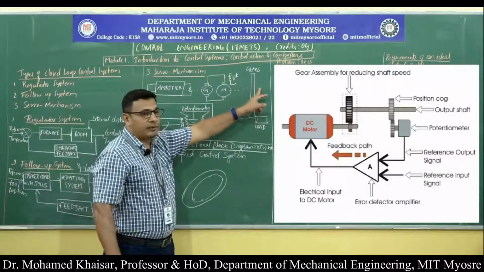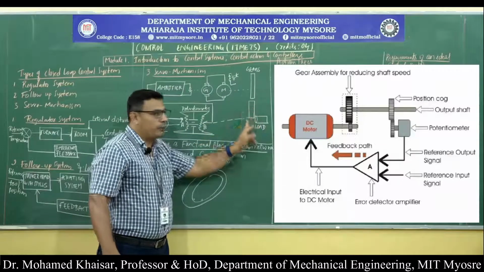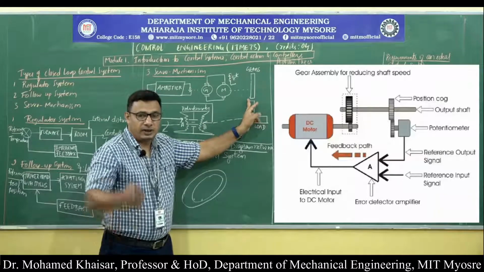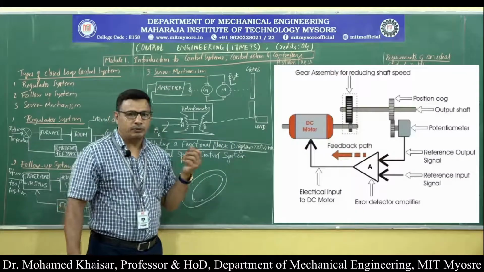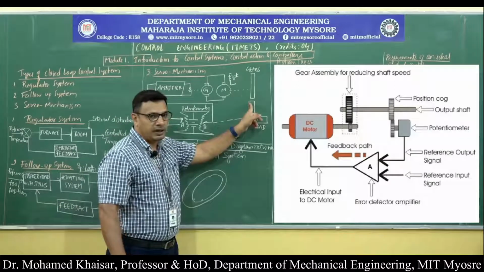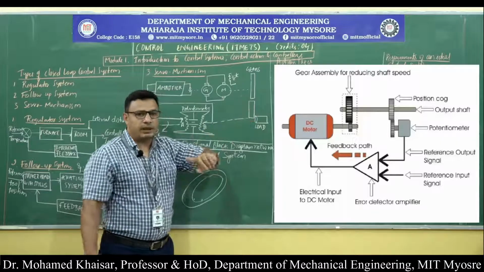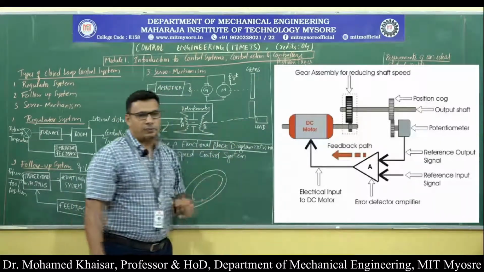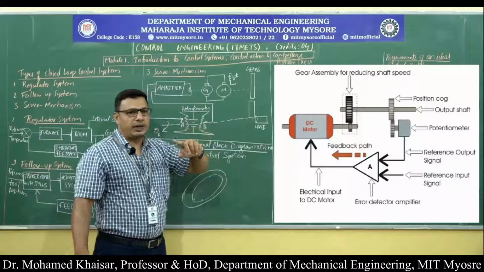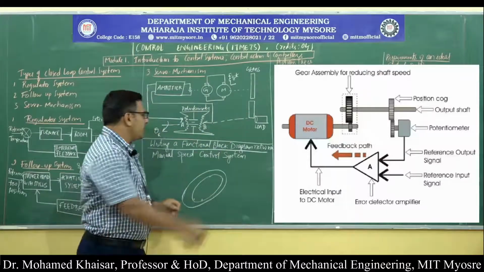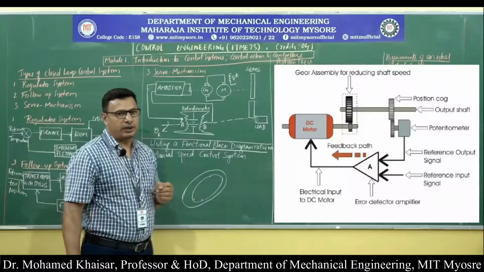Since that gear is meshed with the output gear, where exactly we want the angular motion to happen, it is going to rotate the output gear by some angle, and this is the output that we want. That output gear rotation is called theta c, the controlled or output rotation of the gear.